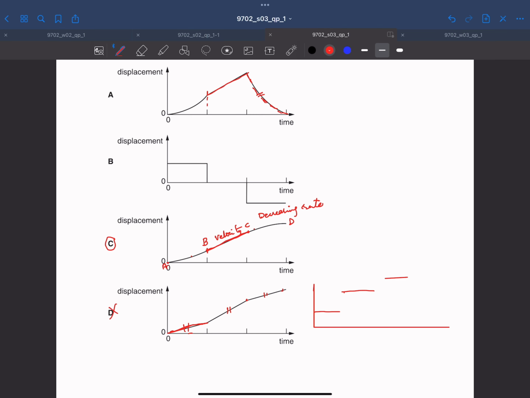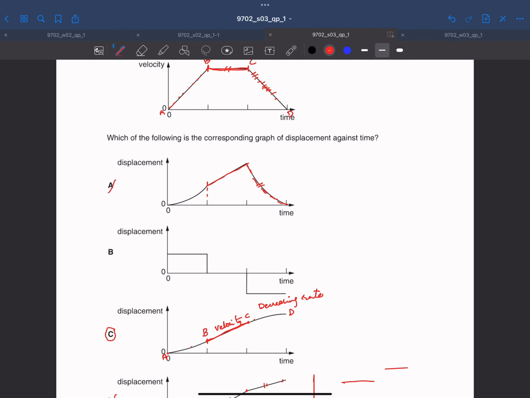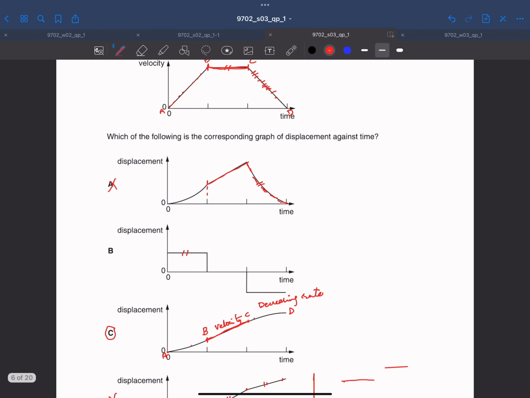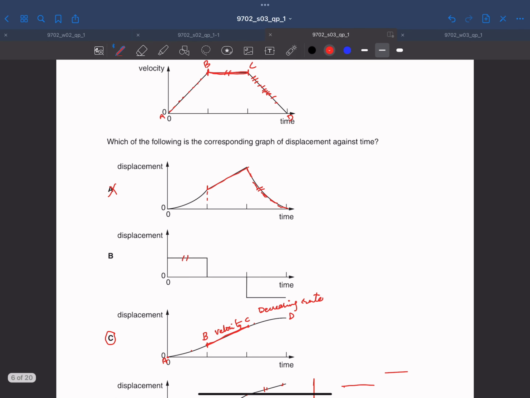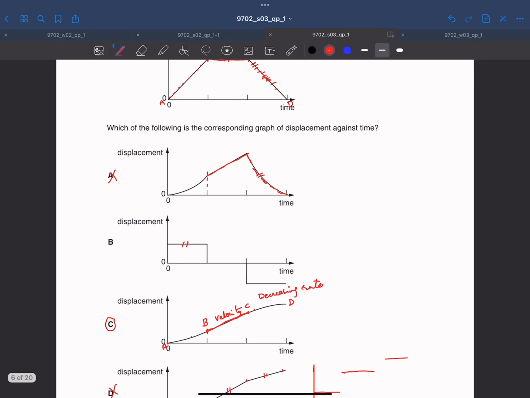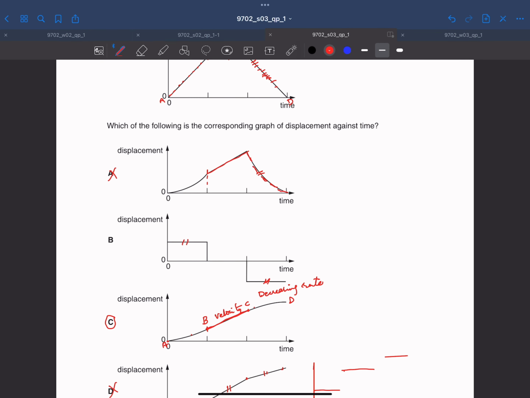So D is not right, A is not right, and even if you consider B, the displacement is constant, so the velocity is not increasing. So how can we say that B is the corresponding graph? The same is the case for this part: the velocity in both these graphs is zero, as the slope is zero.